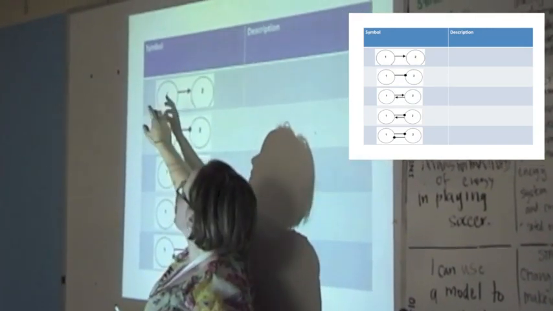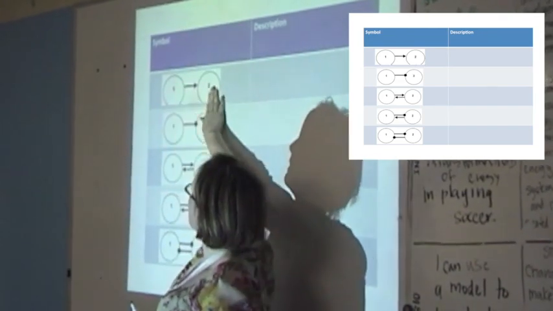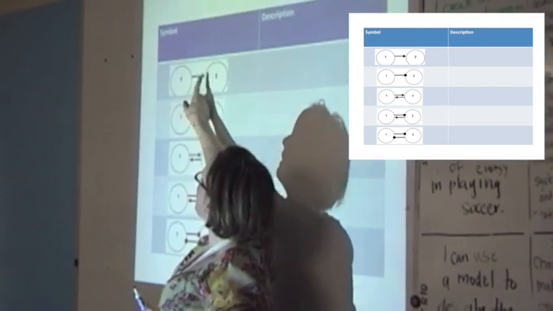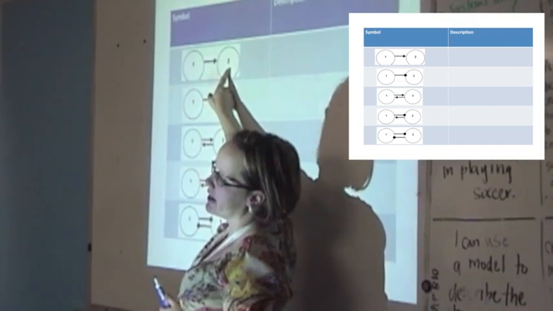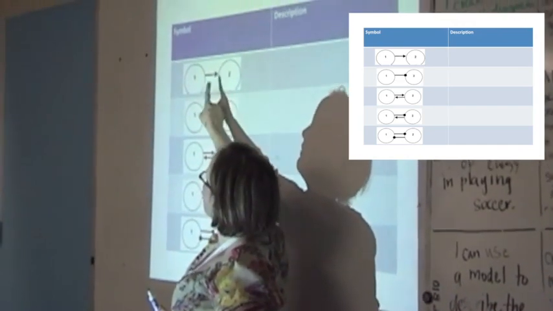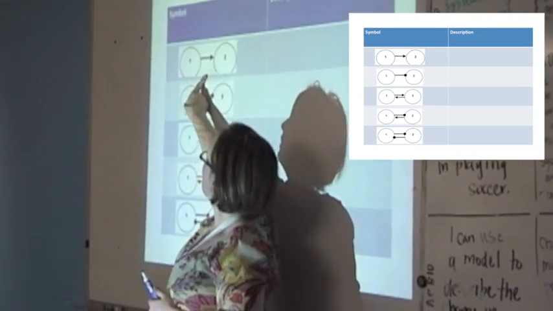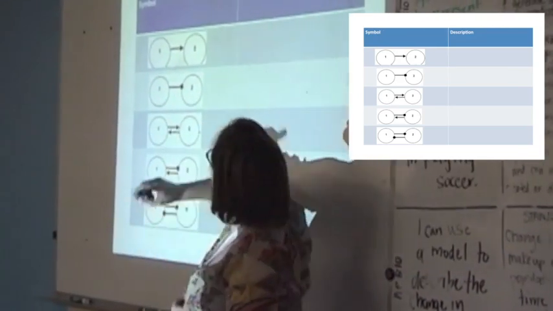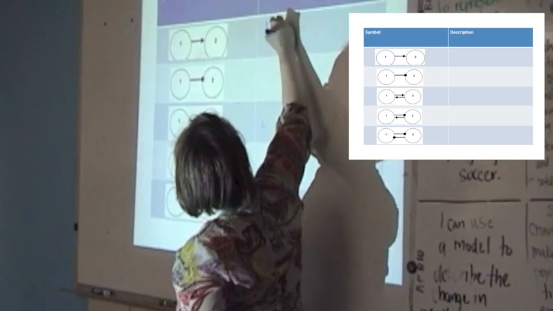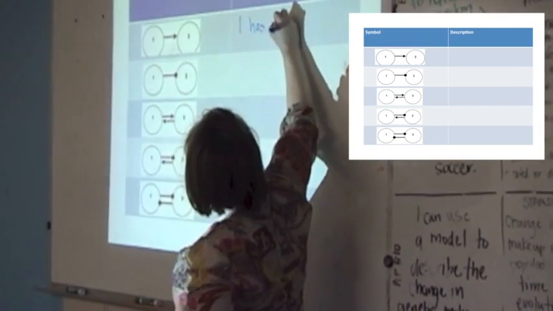This one is having a positive effect on this one. Is this one affecting this one at all? No. How do you know? Because there's no arrow pointing that way. So 1 has a positive effect on 2.